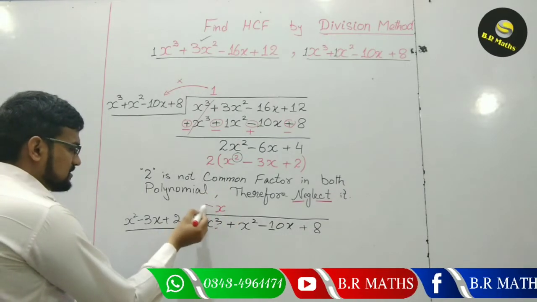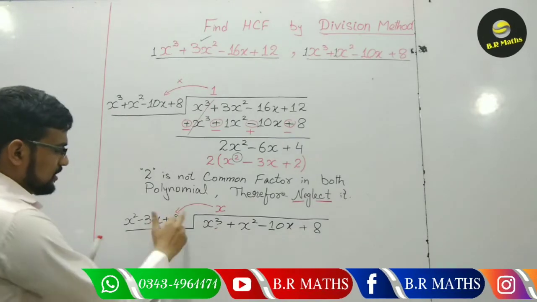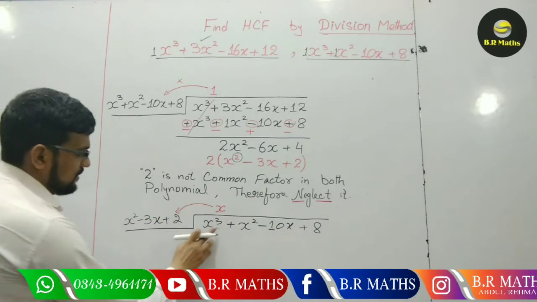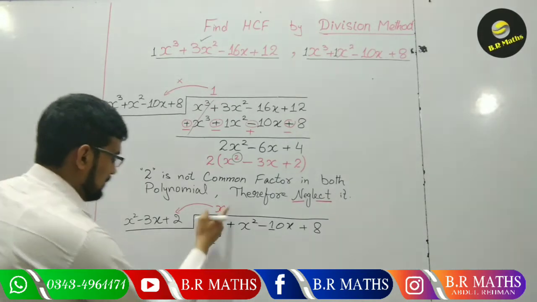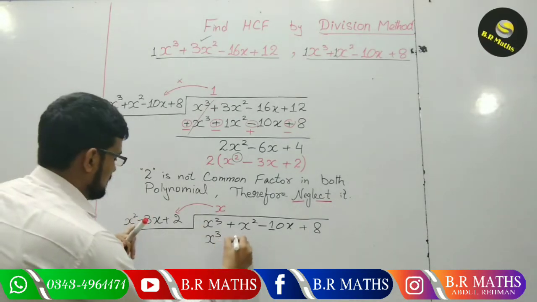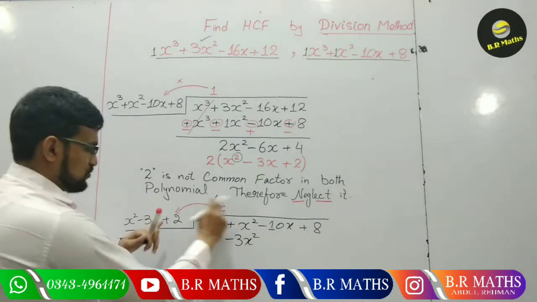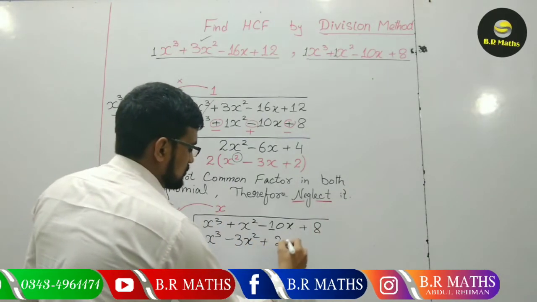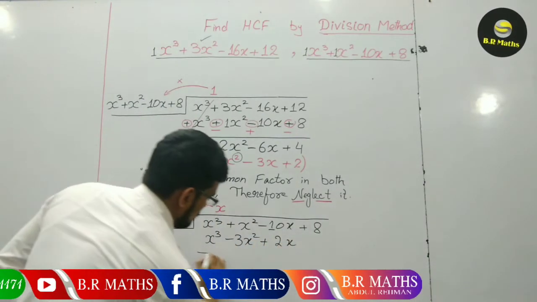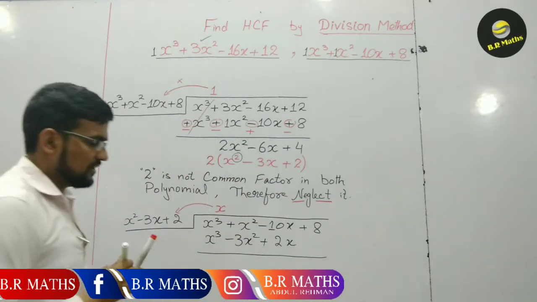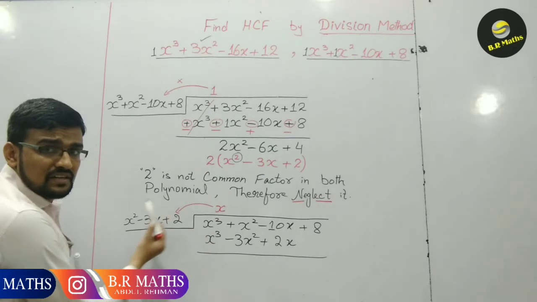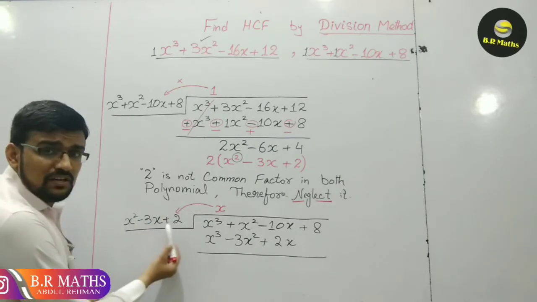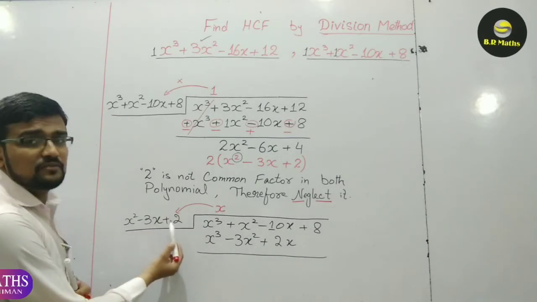And now x multiply this whole polynomial and write here. x cube minus 3x square and plus 2x. Okay? How? This x multiplies this complete polynomial x square minus 3x plus 2.